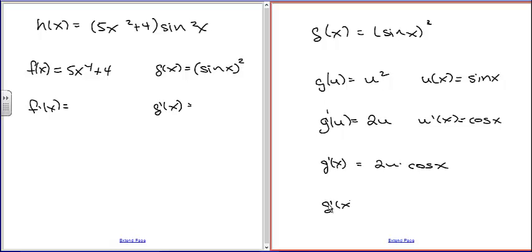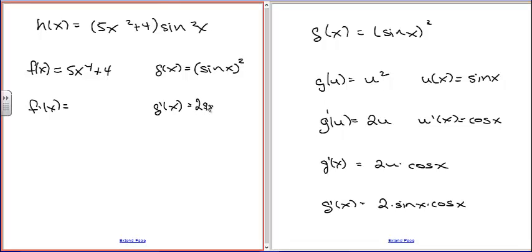And then we go back, find out what u was. So we get 2 sine x times cosine x. So we go over to here and write that down. 2 sine x cosine x. f prime of x is going to be equal to 20x cubed plus 0.